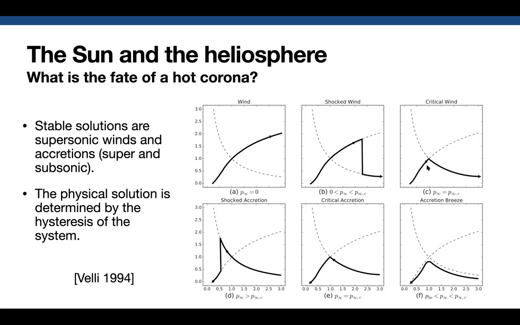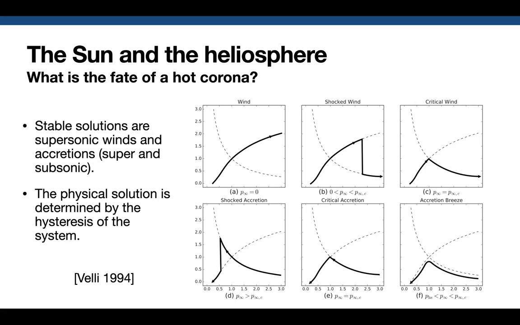Once this critical wind is reached, when we keep increasing the pressure at infinity, what we create is a reverse flow and a shock accretion. And then when we relax this pressure and allow it to become smaller, we go to a critical accretion again, and then to accretion breezes. In the end, this is how this system is expected to behave.